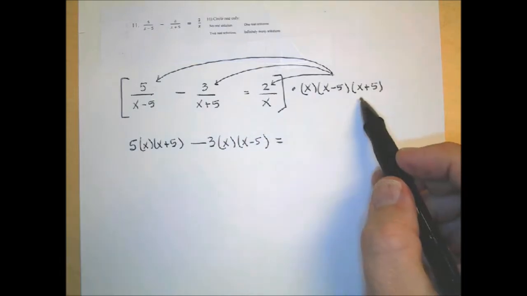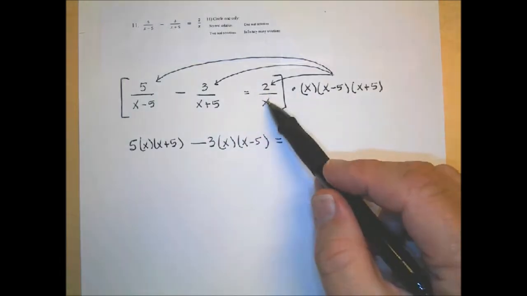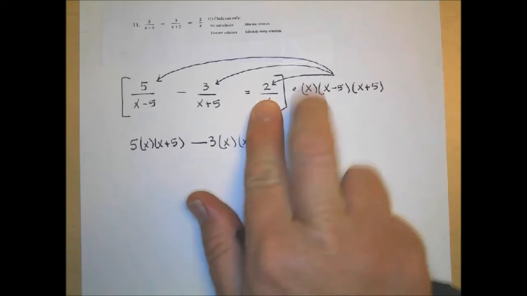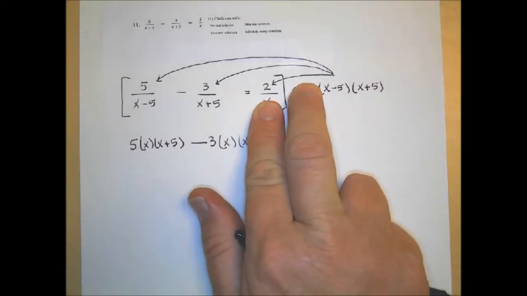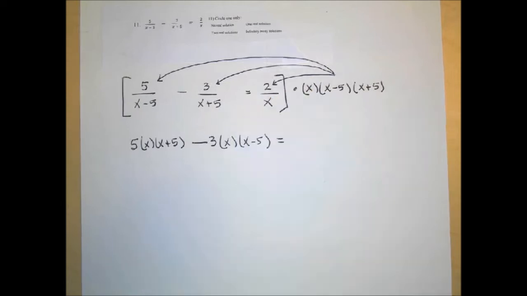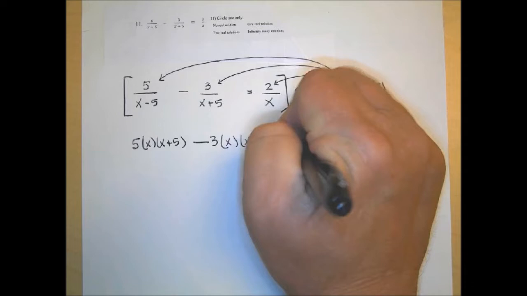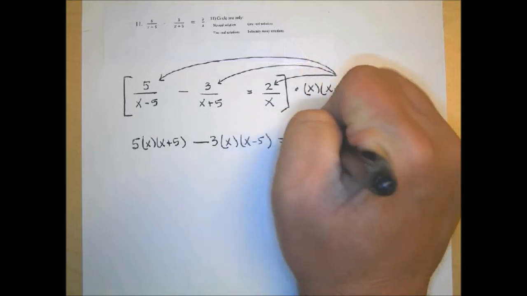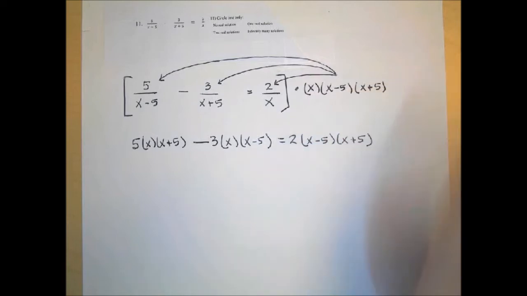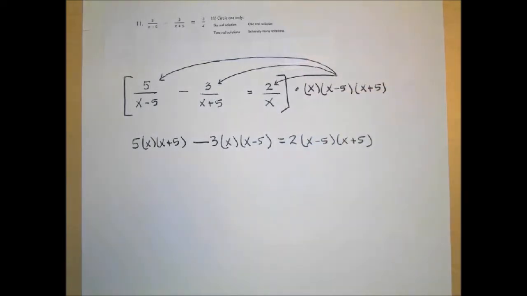Now, when we move on to this third fraction, the equals fraction, it's this x right here that cancels with that x right there. So the 2 needs to get multiplied by x minus 5 and x plus 5. So we've done all the hard work at this point.